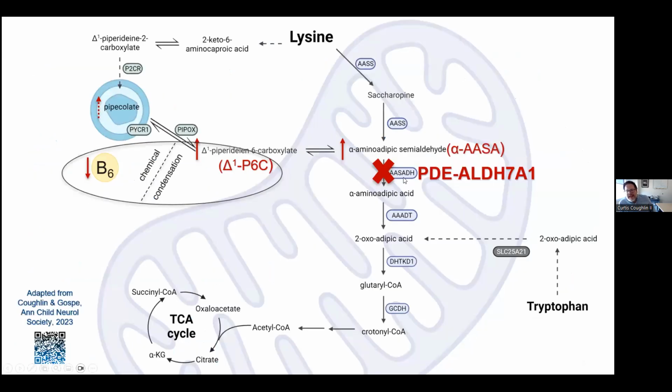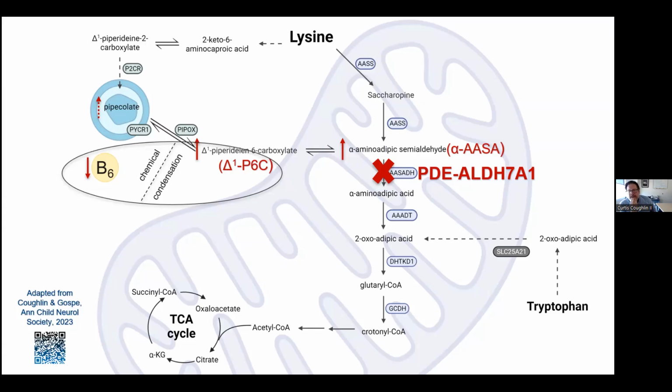So the AASA dehydrogenase is, again, a step in lysine metabolism. In this disease, we get some really pathognomonic elevations of AASA and its cyclic equivalent P6C. I'm actually going to show some structures in a few moments so you can really see that these really are the same molecule, just P6C is the cyclic form of AASA. These are really in some sort of equilibrium. We also tend to see some elevations of pipecolic acid.